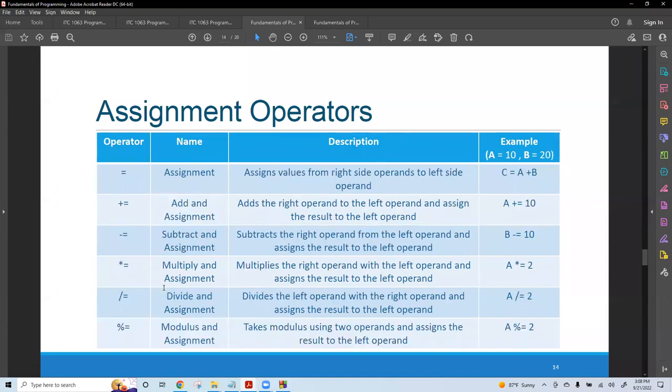Here I'll give you one example. Plus equal means add and assign.